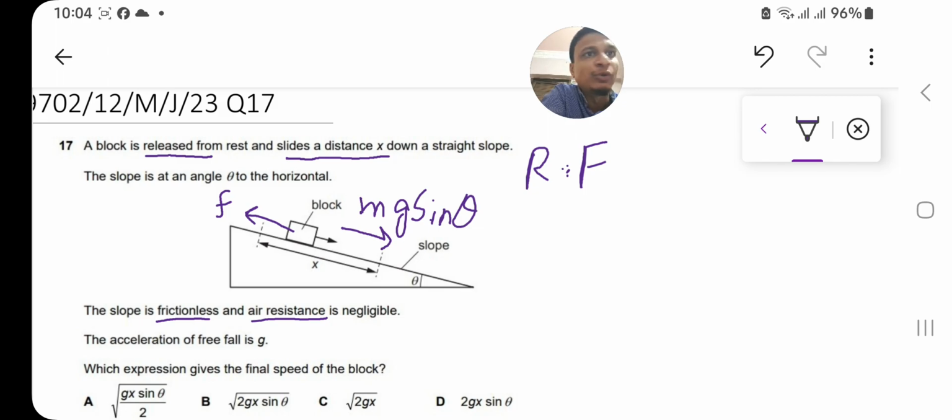First take the direction in which the block is going as plus, because the block is going downward, and the friction is always opposite, so it will be negative.